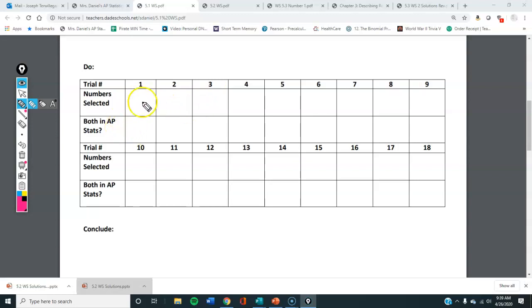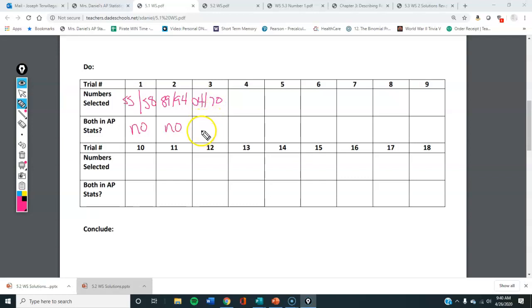All right. So, first time I did it, I got numbers 55 and 58. Are both those in AP Stats? No, because Stats is 01 through 28, right? The next time I ran it, I got 89 and 94. Are those both in AP Stats? No. Next time I ran it, I got 04 and 70.